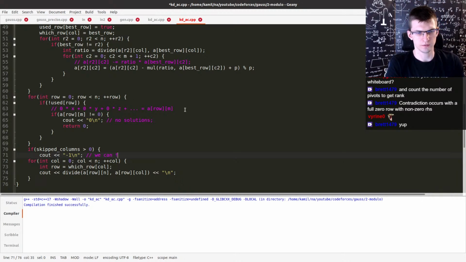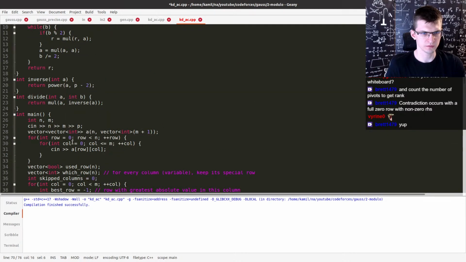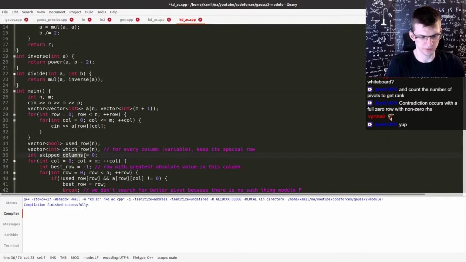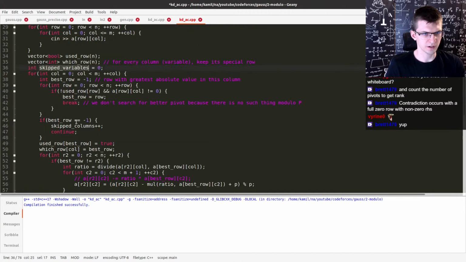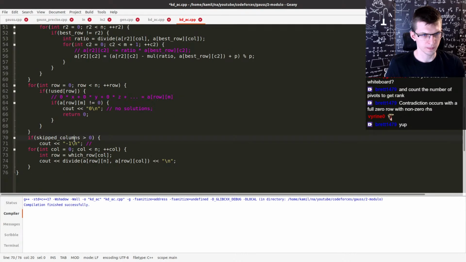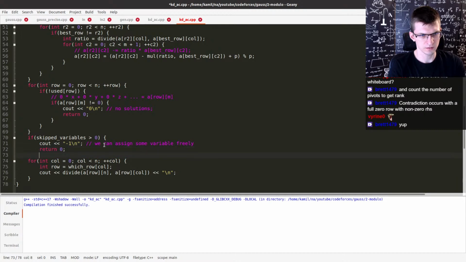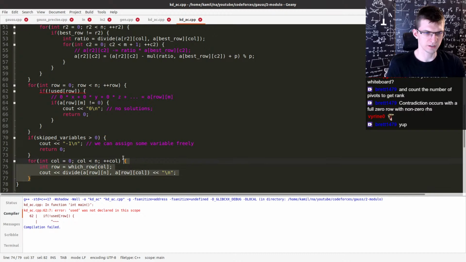We can fill skipped columns. Maybe you should say skipped variables. Yeah, let's say skipped variables. Or is there a better word? Skipped, maybe like free variables. Okay, skipped is fine. You can assign some variables freely. And oh, and here I'm finding a solution.